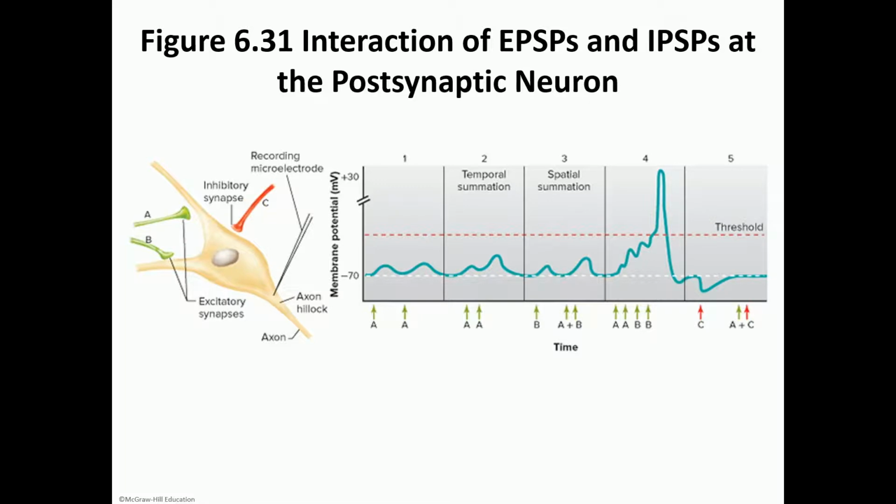Well, it all ends up on how the summation occurs. You have to sum up. So it's kind of like balancing your pros and cons when you want to make a decision. You make a list of pros and a list of cons, and then you balance it out and sum them together. That's what the postsynaptic neuron does.